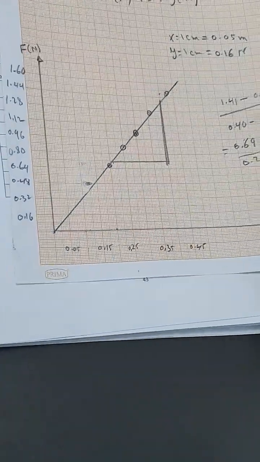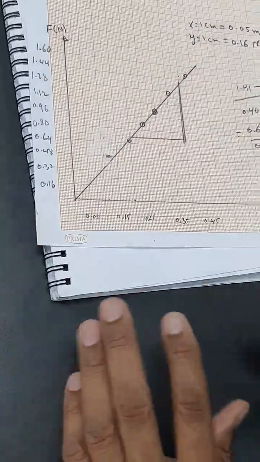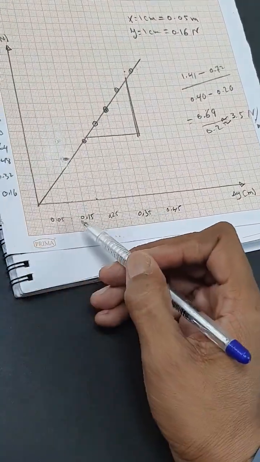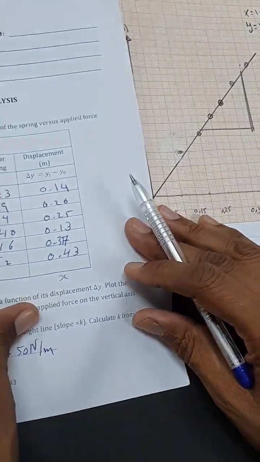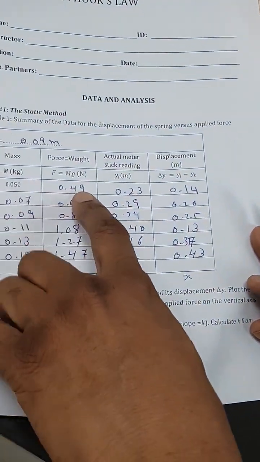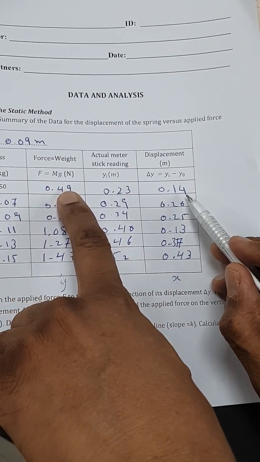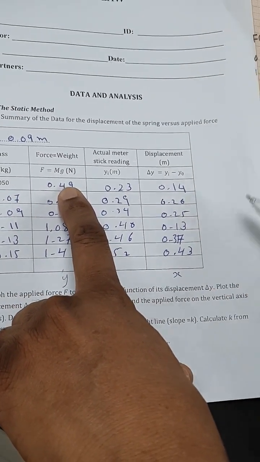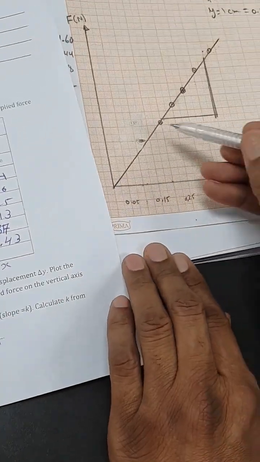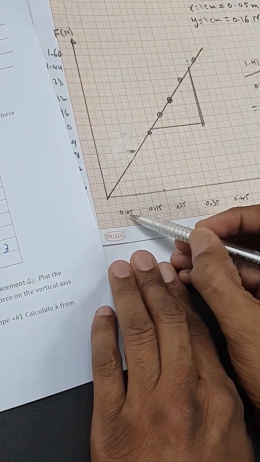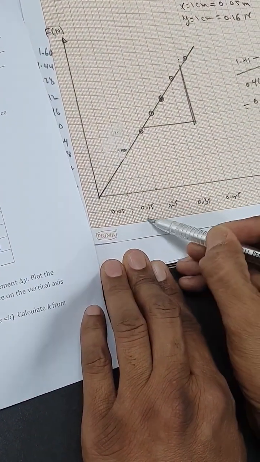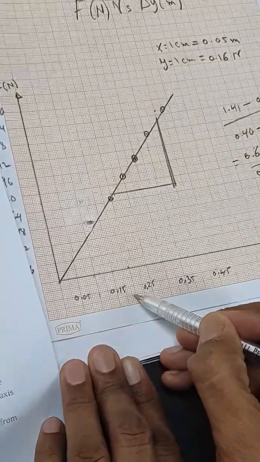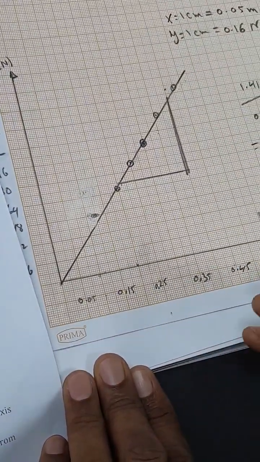For the first point, we have 0.49 with 0.14. As you see here, this is 0.05, then 0.10, 0.15, 0.2, 0.25, and so on.